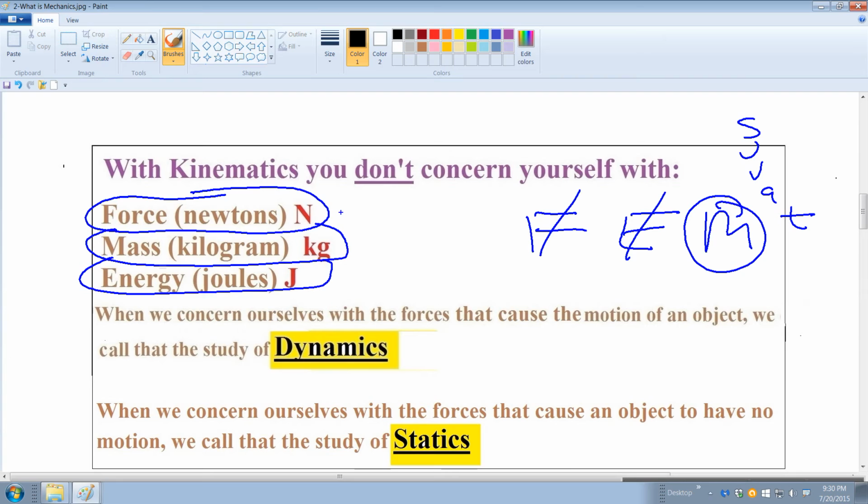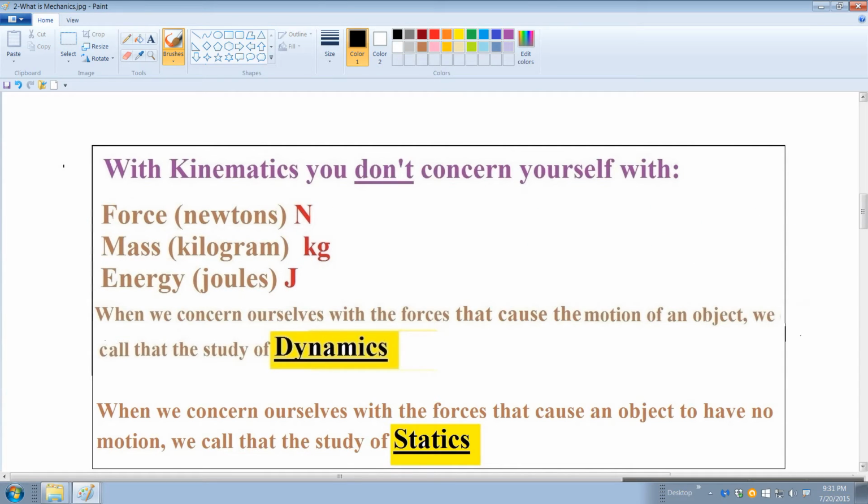So when you're doing a kinematic problem, you shouldn't really be dealing with these measures. When we concern ourselves with the forces that cause the motion of an object, we call it the study of dynamics, as I said. And when we concern ourselves with the forces that cause an object to have no motion, we call that the study of statics.